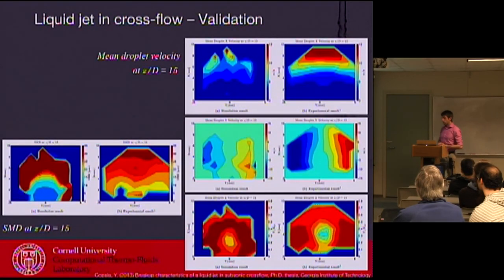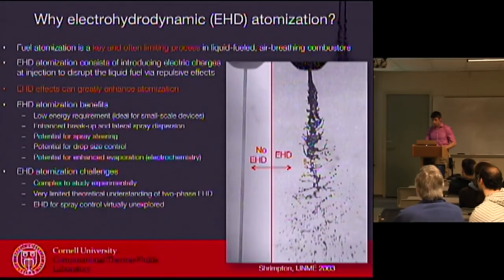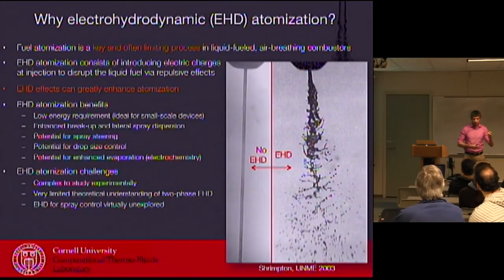I'll end with what I consider to be more of a fun exercise, looking at electrohydrodynamic atomization. Could we use a very strong electrode or a strong electric field to help us atomize liquids and more efficiently break up fuel into a spray?